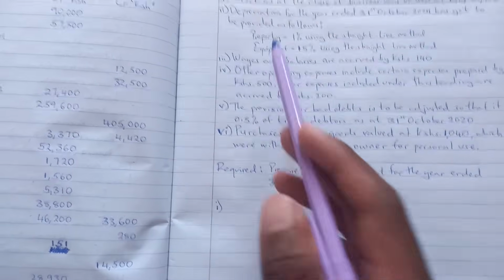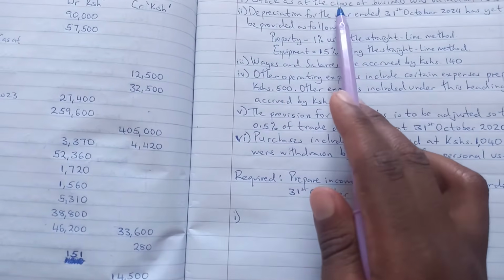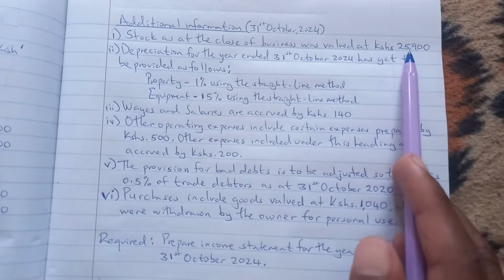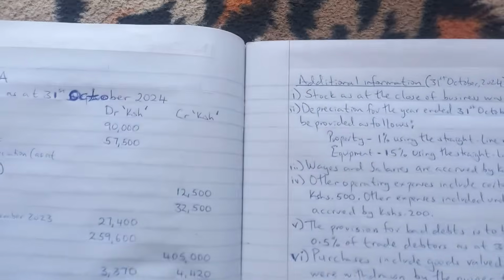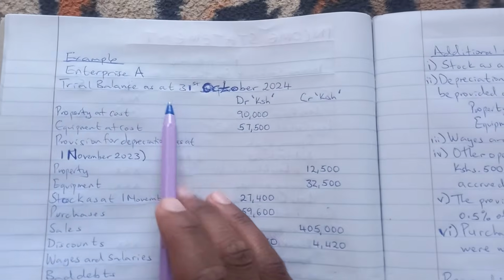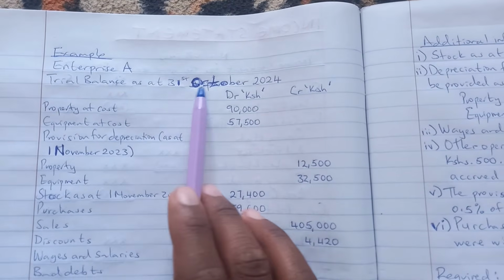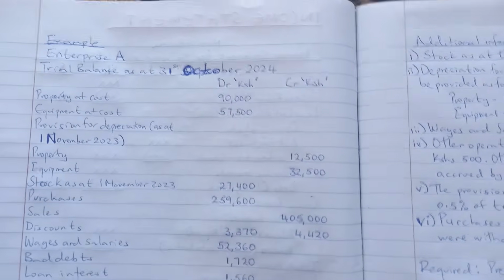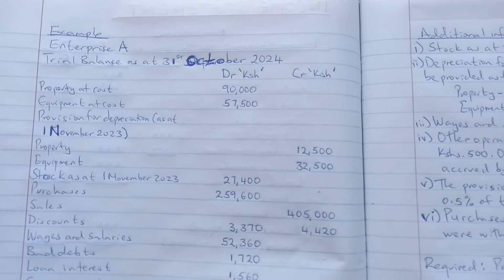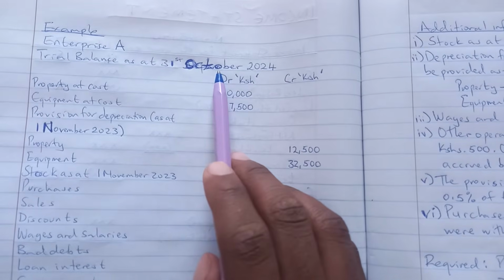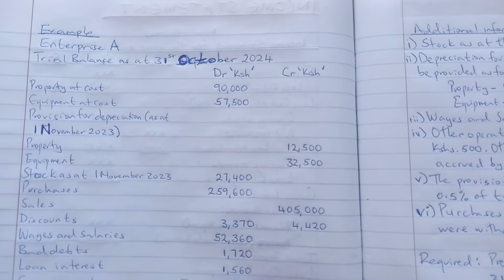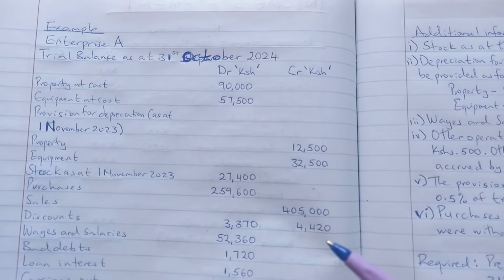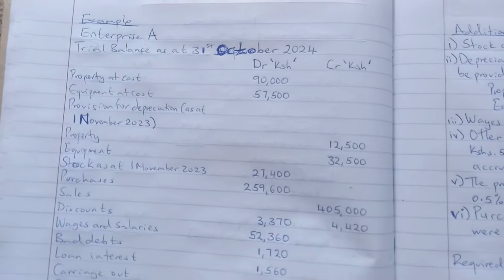In Roman 1, we are being told stock as at the close of business was valued at 25,900. If you look at this period, this is the trial balance as at 31st October, meaning this is the end of the accounting year. If it ends 31st October, it means that the next year will start at 1st November. That one is very key to understand.